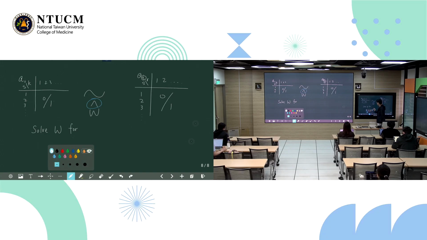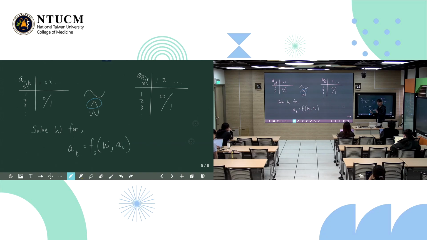Solve W for A, such that the target output is some function over all states of whatever this W that we want and whatever input that we give it, right?